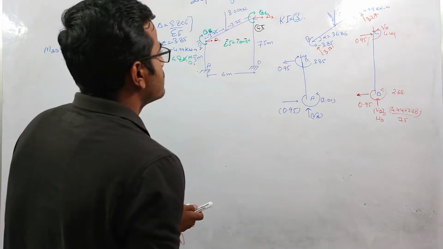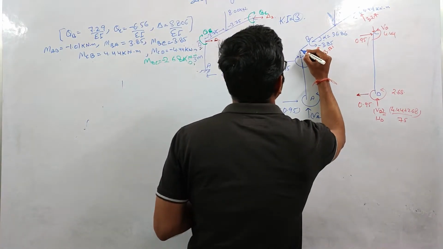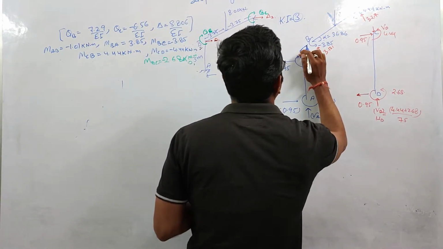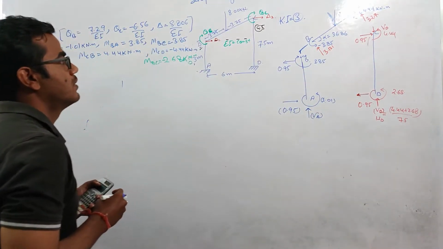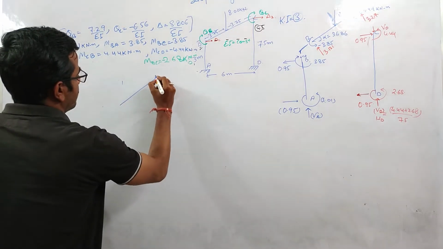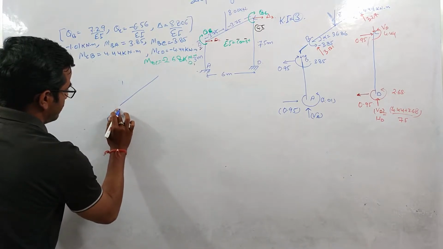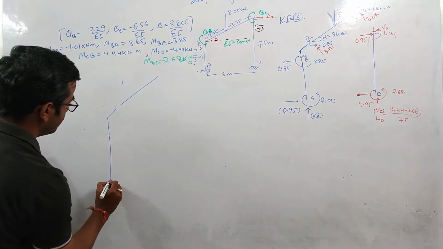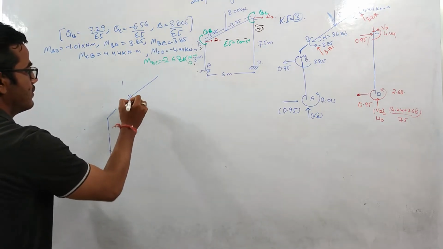Now, let us consider this joint basically. This is the actual condition. We made a cut like this, and we showed the free body diagram on these members.